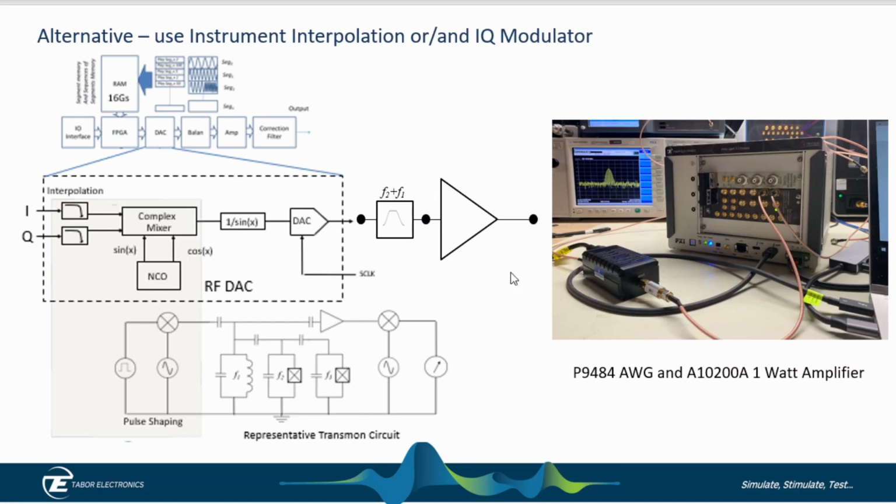You can filter and you can amplify as desired. In this picture here, you can see I've got a modulated pulse at some microwave frequency. I have a Mini-Circuits passband filter. It goes into a 1 watt amplifier. The A10-200 1 watt amplifier from Tabor has extremely high gain and low noise figure, with 30 dBm of maximum output power.